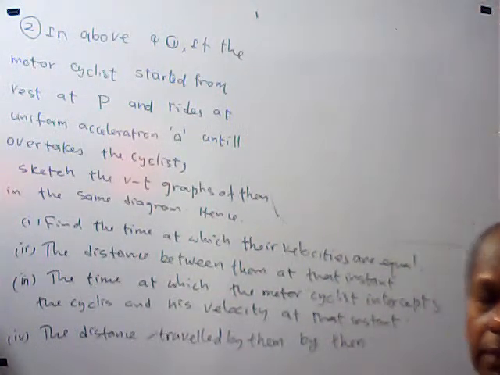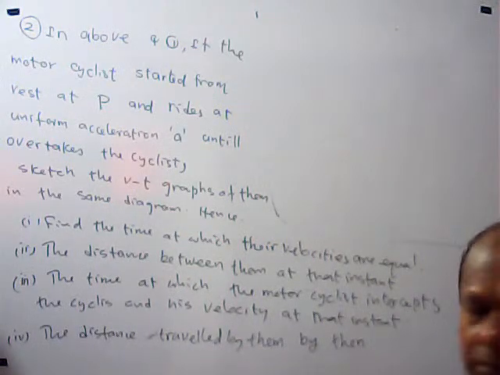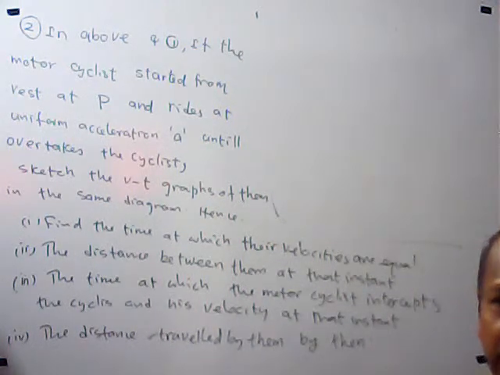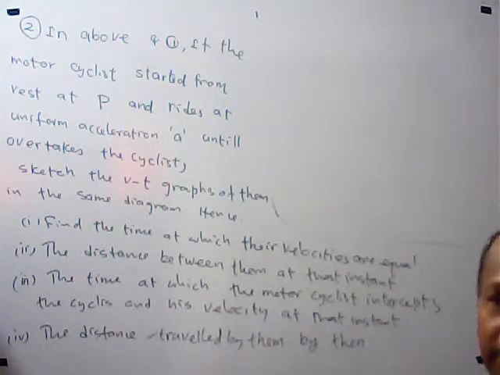The graph of the cyclist will be the same as in the previous problem or previous diagram. It won't change. It's only for the motorcyclist that you get a different graph.